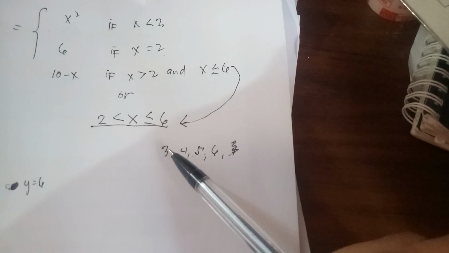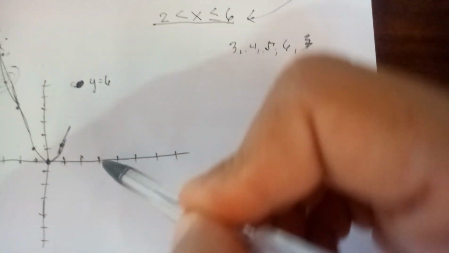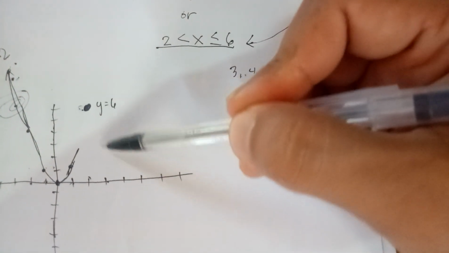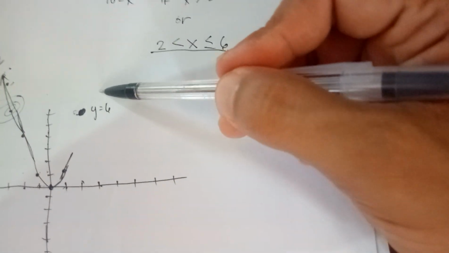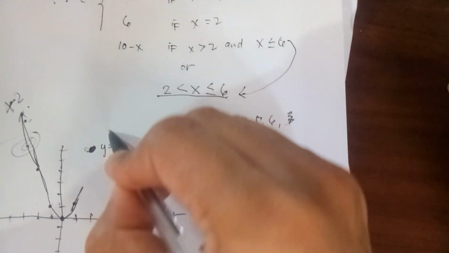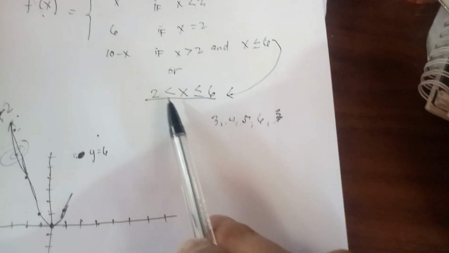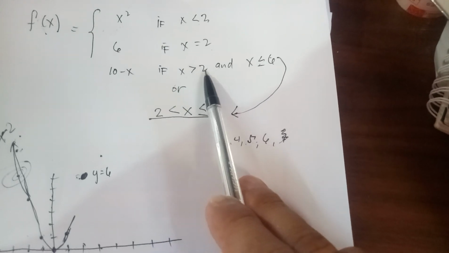So, let us consider 3. Okay? So, 10 minus 3 is 7. So, 1, 2, 3. Where is 7? 1, 2, 3, 4, 5, 6, 7. Nandito siya. Okay? Kaya lang, si 3 ay greater than 2. Ito si 2. Sabi natin, sobra sa 2, greater than 2.